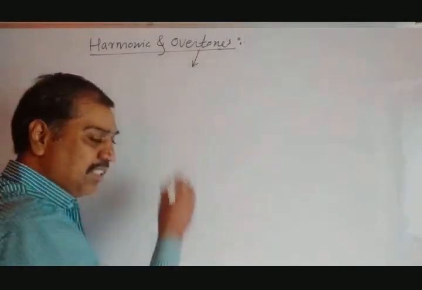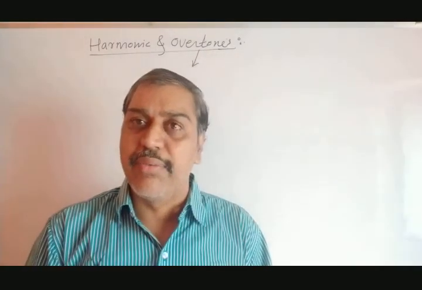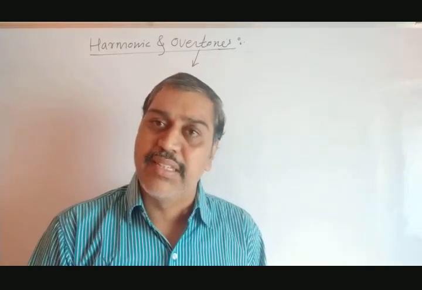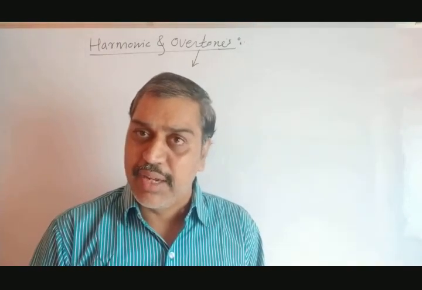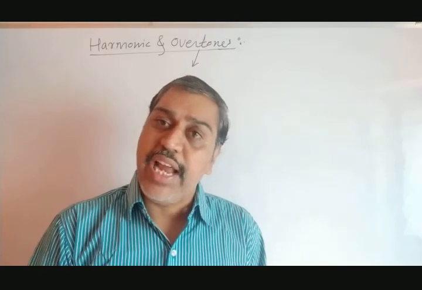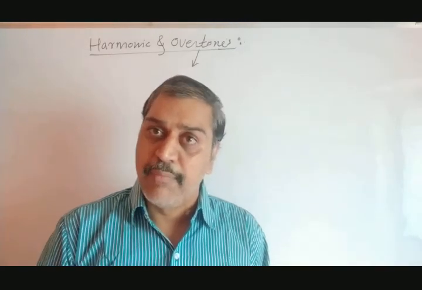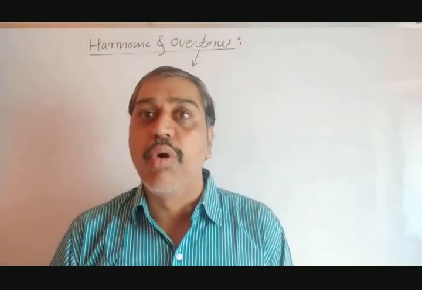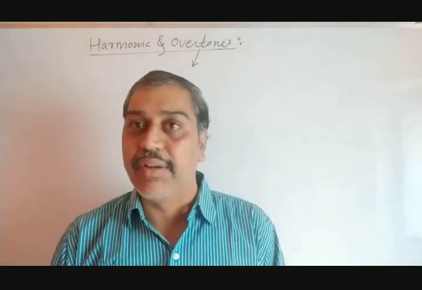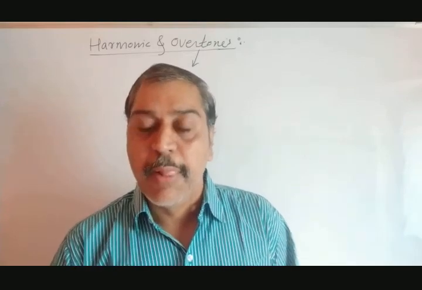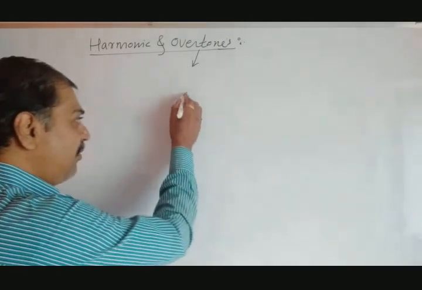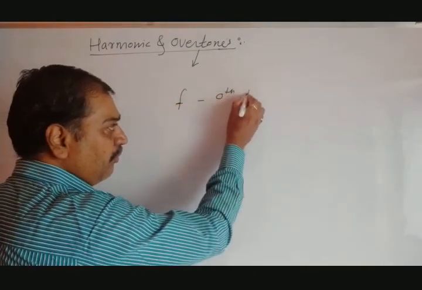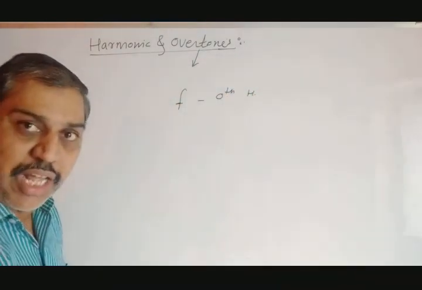Overtone means all the frequencies higher than the fundamental frequency which actually exist in the sound are said to be overtones. Again, these are the frequencies. Suppose we have drawn F as the fundamental frequency, which is said to be the zeroth harmonic.